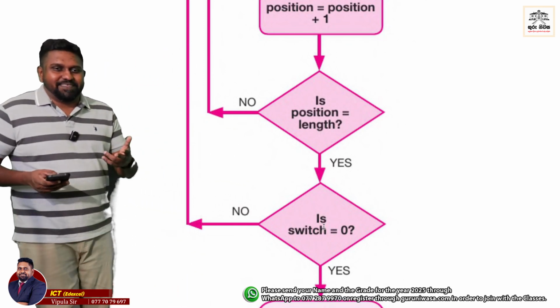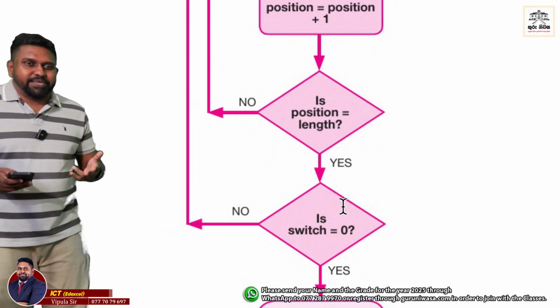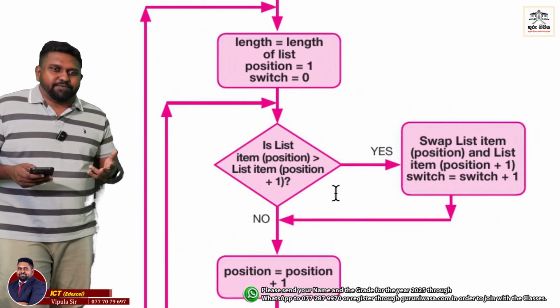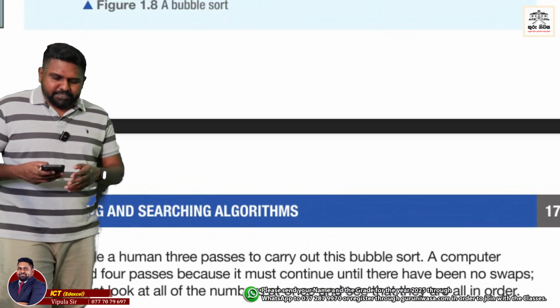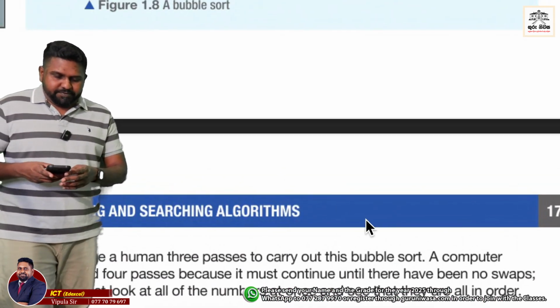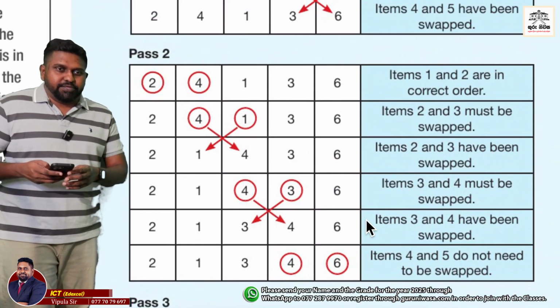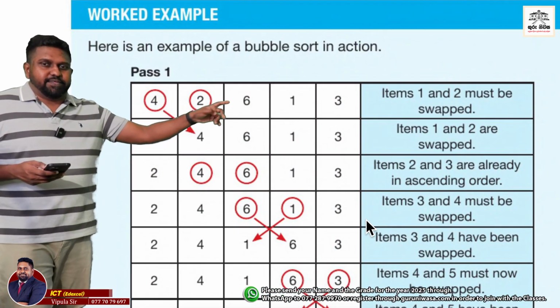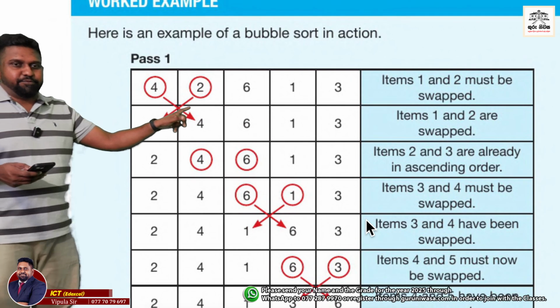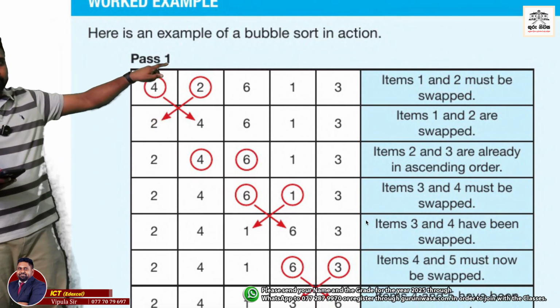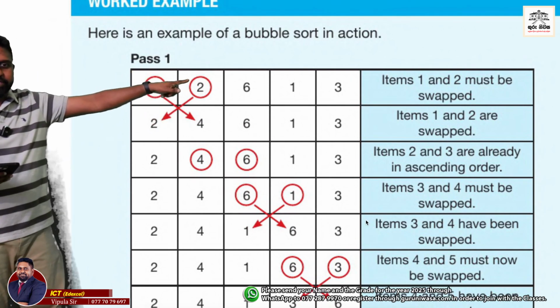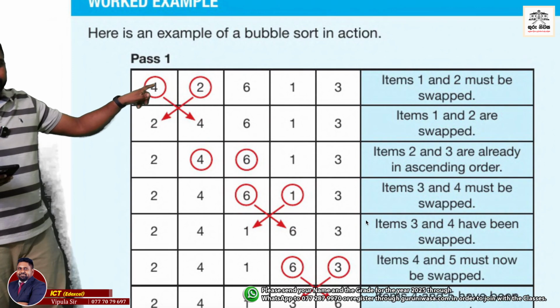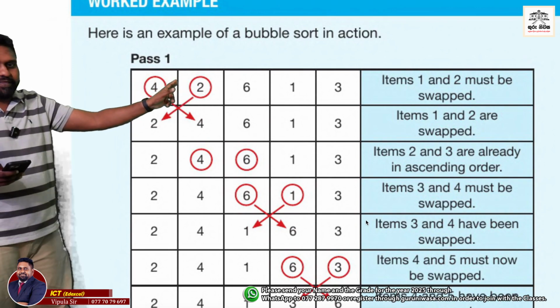So if we go back to our example, in the first example, this got switched, so we got 4 and 2, right? Since 4 is greater than 2, this has to be switched.